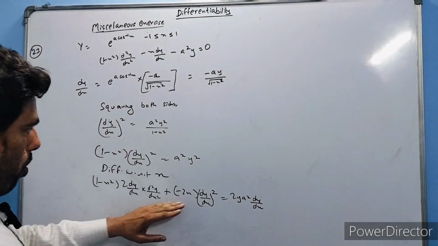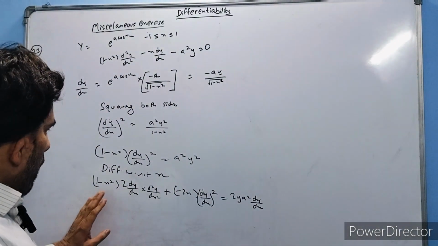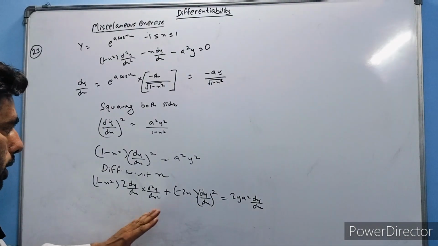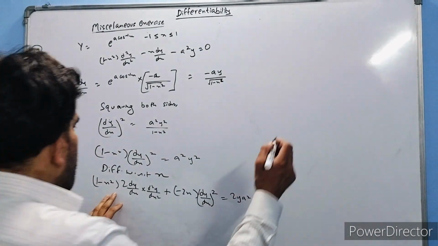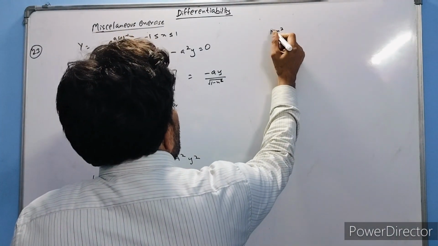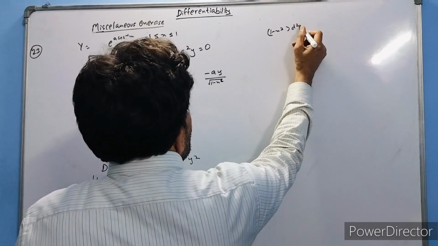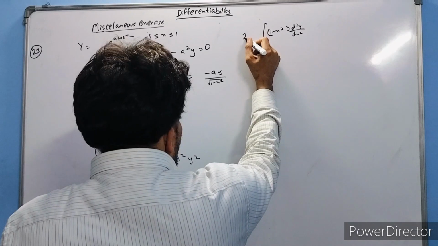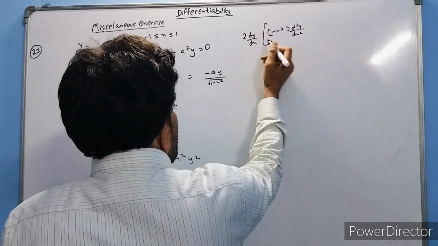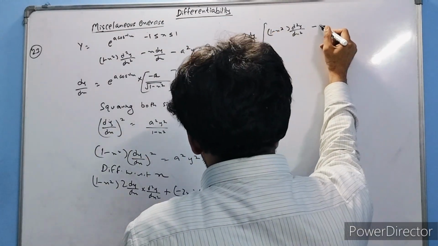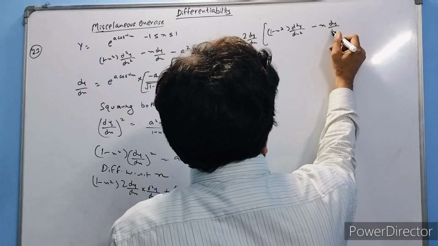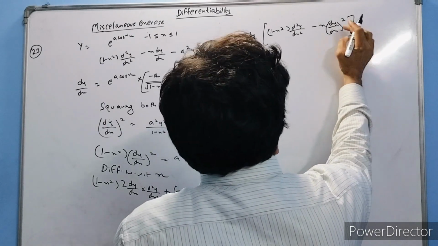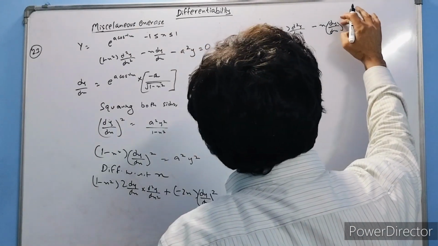Now what will I have? If I take 2 common here, it will be reduced. And dy upon dx also, we'll take common from there. So what I got here: (1 − x²) d2y upon dx square, because now I have taken common 2 dy upon dx, minus x into dy upon dx, so it will be 1 only, because I have taken dy by dx also common.